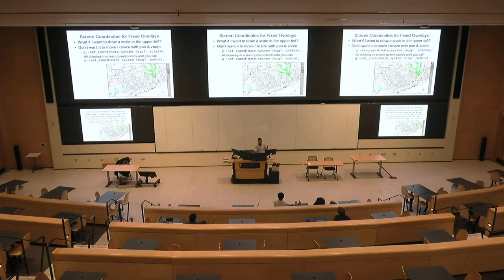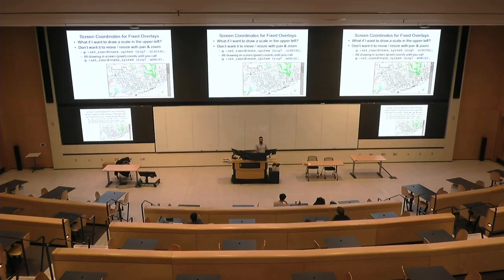When you say that the coordinate system is going to be ECE297 screen, that means whatever it draws next is in terms of pixels, and it will understand that. It will keep drawing in pixels until you change it back to, in this case, world. Most of the things that you're going to draw in your milestone 2 are going to be in world coordinates, which is the coordinate system that you define at the beginning. But if you want to draw something else that stays fixed throughout the whole program, then change it to screen coordinates.